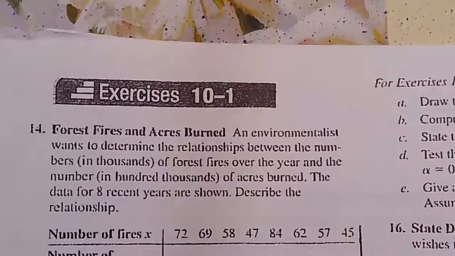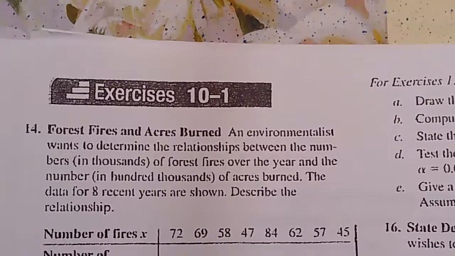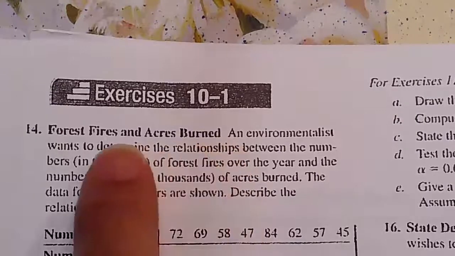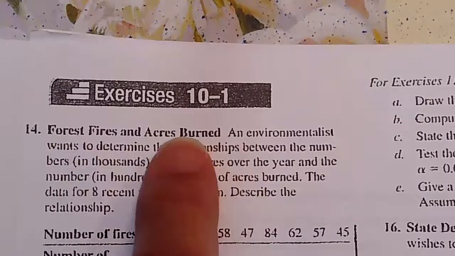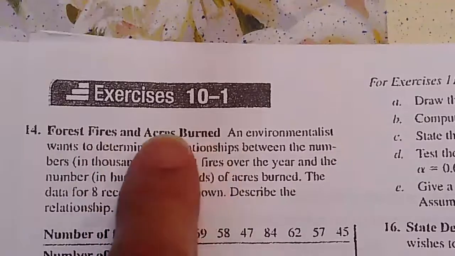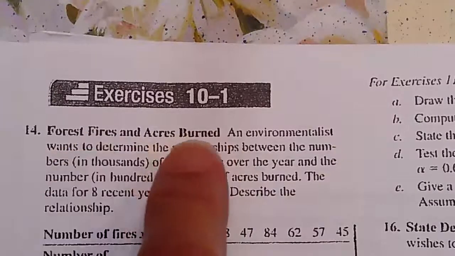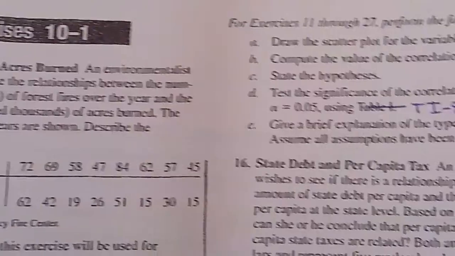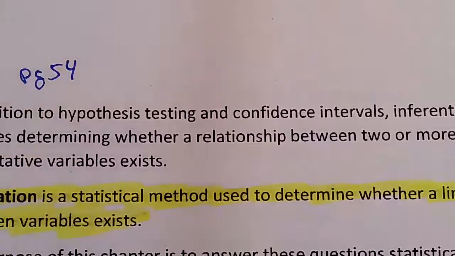Problem 14 has to do with forest fires and acres burned. There's a lot of concern right now in California with all the forest fires going on. So many acres have been burned. We'll go over that in a little bit.